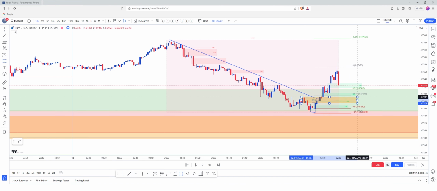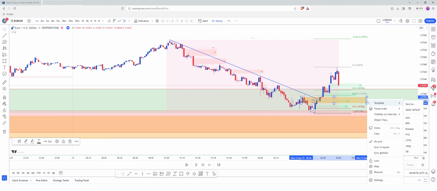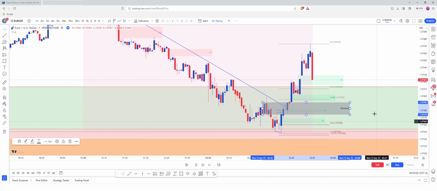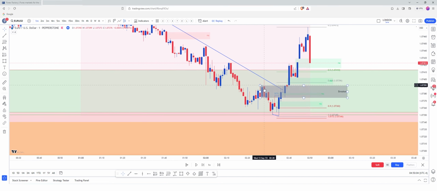What I'm suspicious of, I'm going to class that as a breaker. I'm suspicious of these relative equal lows though. For reversal trades, I like to see an aggressive move down followed by an aggressive buyback. Wouldn't class this as an aggressive move down. We've just kind of wicked through, very shallow wick into a discount, and then have pulled away.